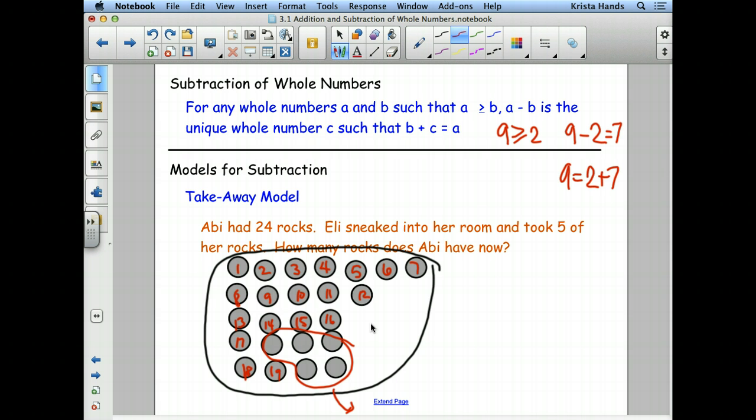Okay. So this is 24 minus the 5 gives me 19. Takeaway model has a really concrete image, so it's the one that students tend to remember the most. You've got this image that you can talk about: I actually have something and I'm removing something from it. Takeaway model.